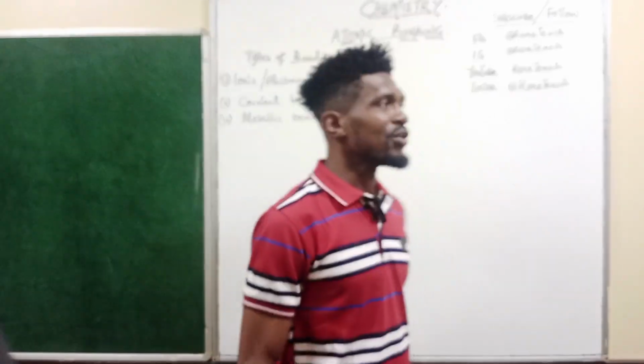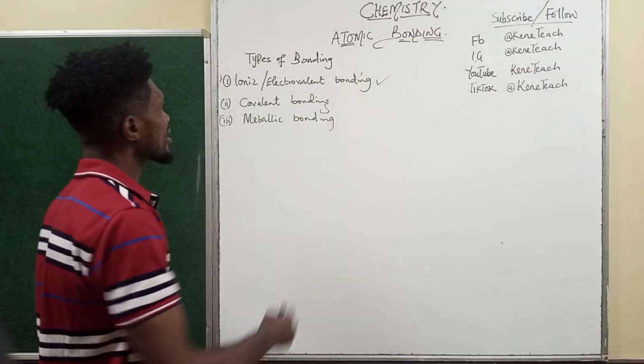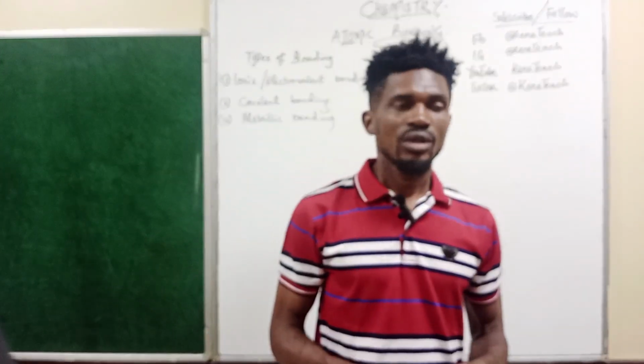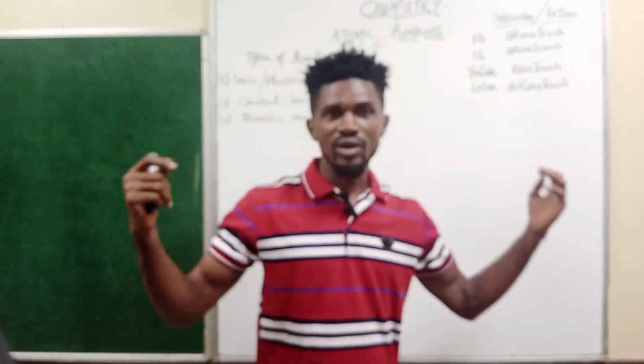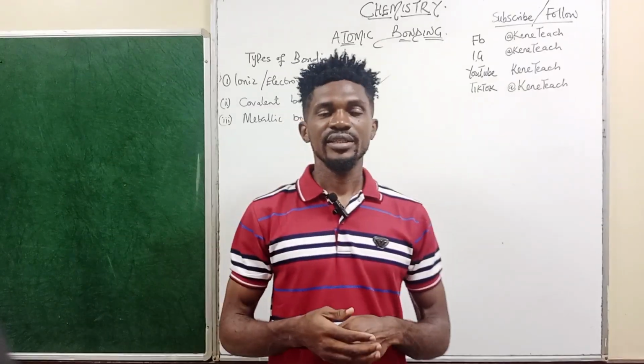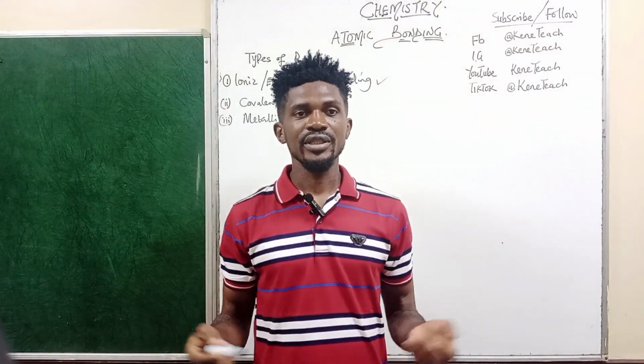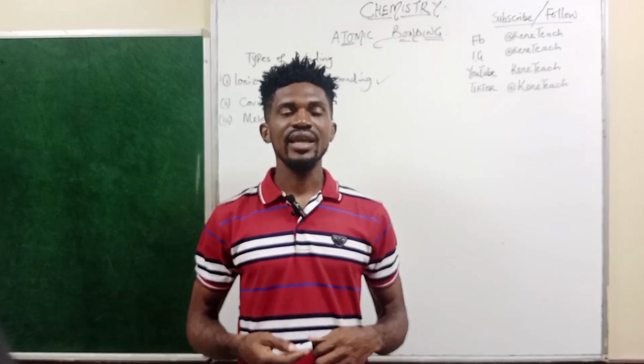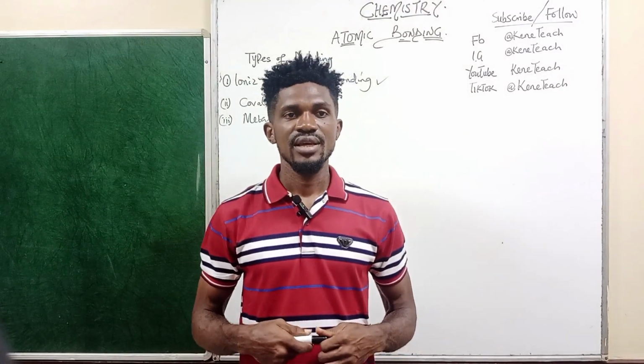Hi, so today we're still on ionic bonding, or what we call electrovalent bonding. So I'm going to recap what we've done earlier. I said the reason for bonding is so that these elements will be able to attain a stable state.